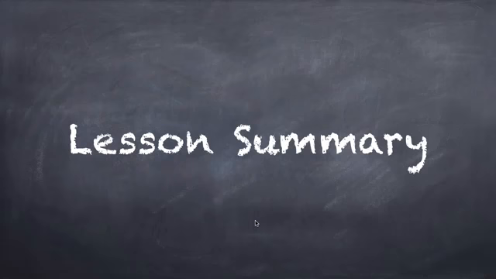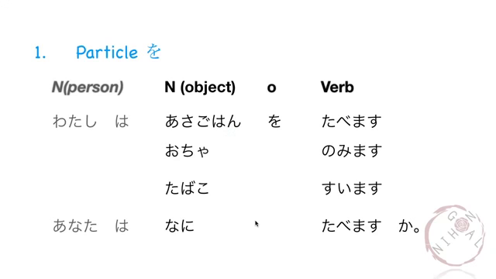Now let's review our lesson for today. The first is the particle o. For example, 朝ごはんを食べます. お茶を飲みます. タバコを吸います. And to ask the question, 何を食べますか?